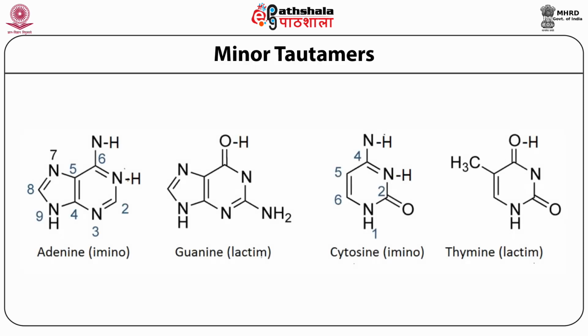DNA bases also have minor tautomers. Normally, adenine and cytosine are present in their amino form, but this can also go into the imino form.